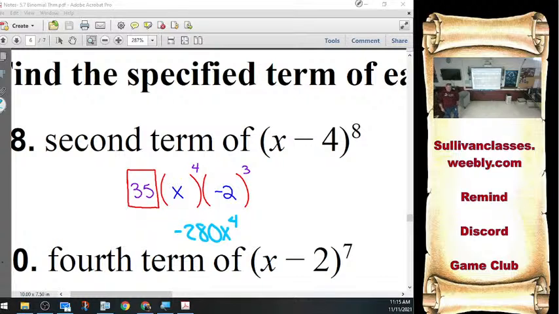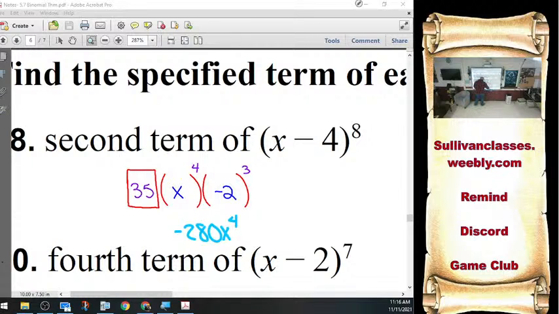So that right there is very indicative of what you'll see in a standardized test. Because they're not going to make you do the entire expansion, that's one problem taking up 10 minutes of your allotted 60. It doesn't make sense to have that. But if they said the fourth term of, okay, that's more reasonable.